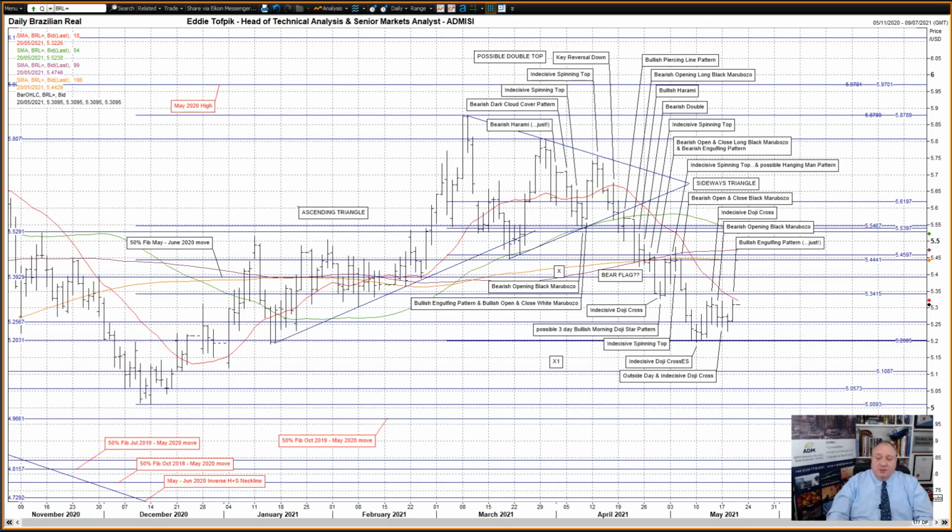We're still currently capped between the lesser recent 38.5% Fibonacci line on top at 534.15 and supported below by the lesser 61.8% Fibonacci line of the older October 2019 to May 2020 move at 520.31. We also still have below target X1, a possible full target for the recent sideways triangle at 513.80.